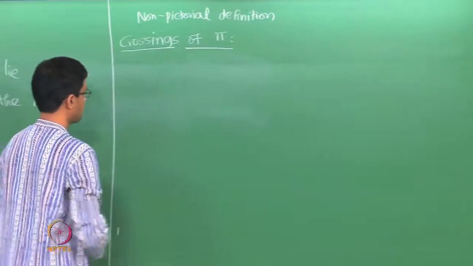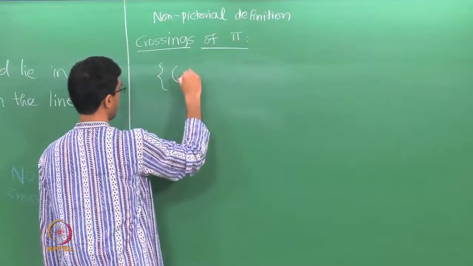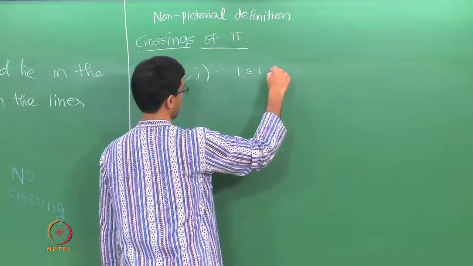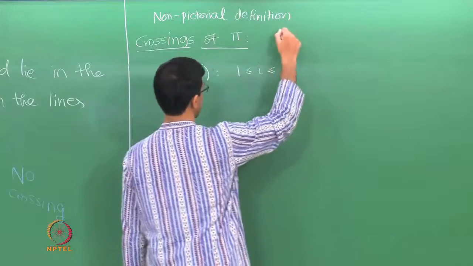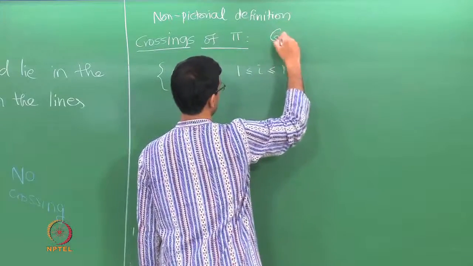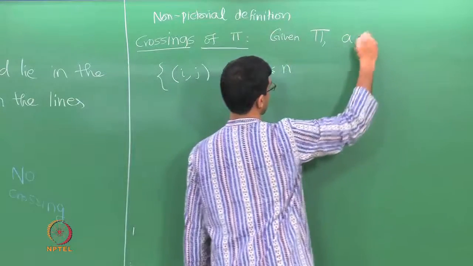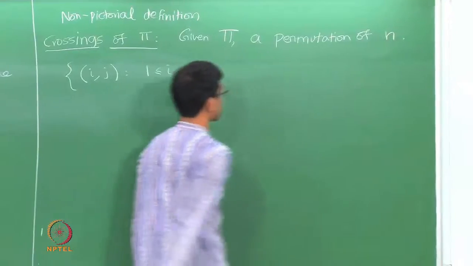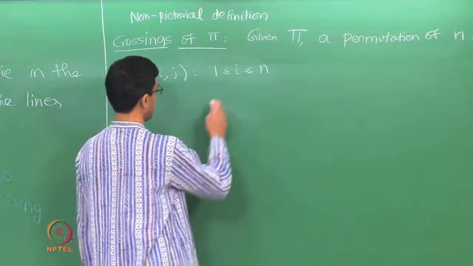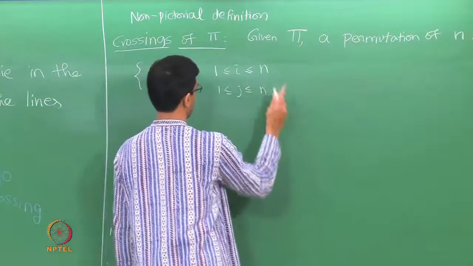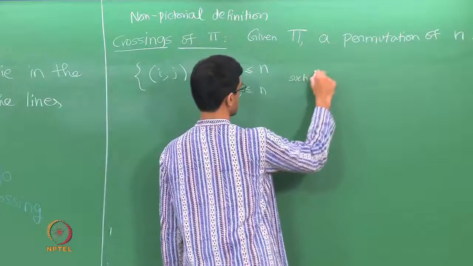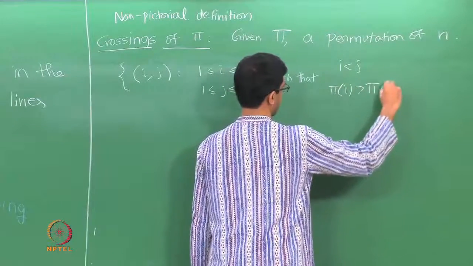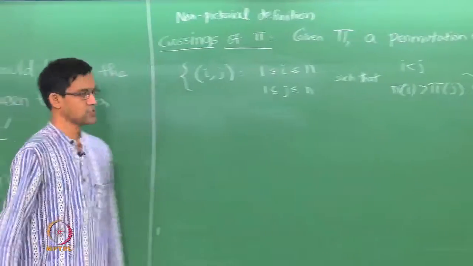Recall from one of our previous lectures that this just means you pick all ordered pairs i, j, where i and j are numbers between 1 and n, where pi is a permutation of n, satisfying the following property: i is smaller than j, but the image of i is greater than the image of j under the permutation.